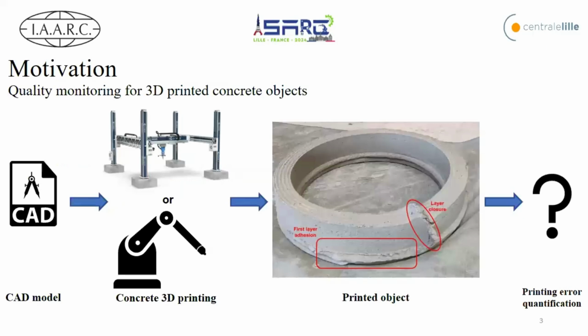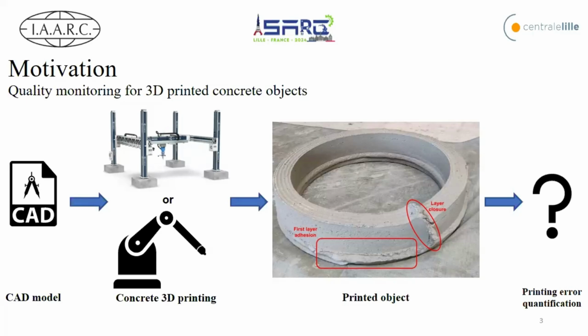So the process of 3D printing of concrete starts as usual from the design of a CAD model of the object, and then generation of the printing trajectory, that depends on the machine that we are using. Mostly gantry systems or industrial robots are used. So the focus of research is mostly on the material mix or path planning.